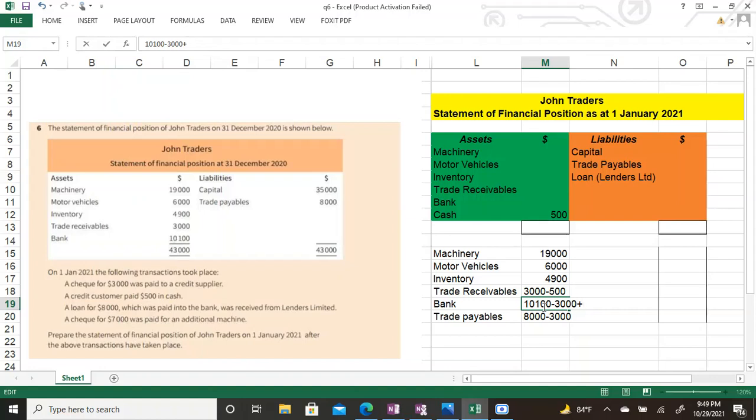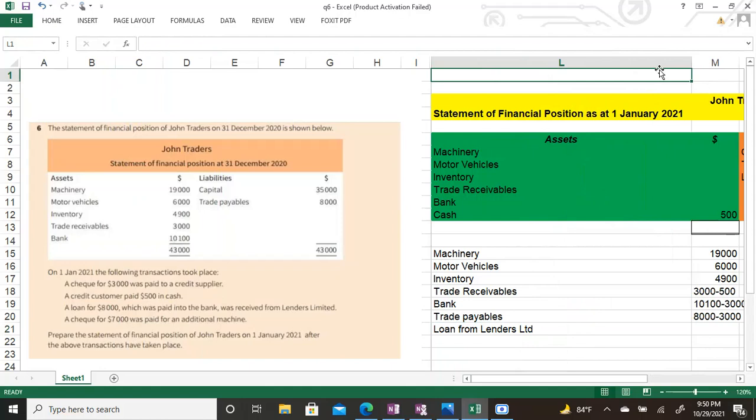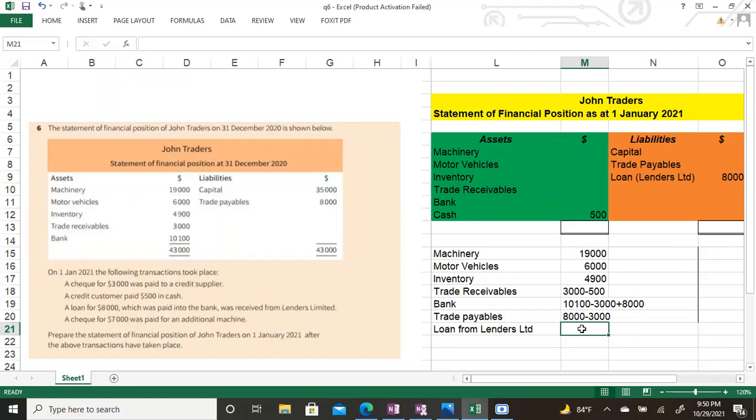So, this will be 8,000. And on the other hand, the liability of the business will increase by 8,000. If you want to write Lenders Limited here, no problem. I am writing here loan from Lenders Limited. So this will be 8,000.